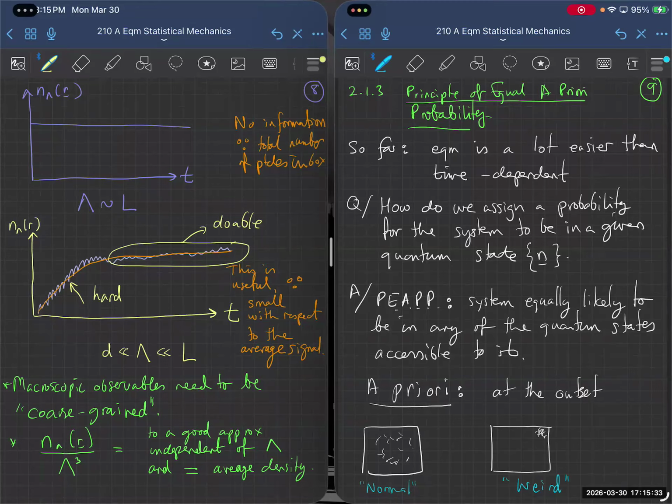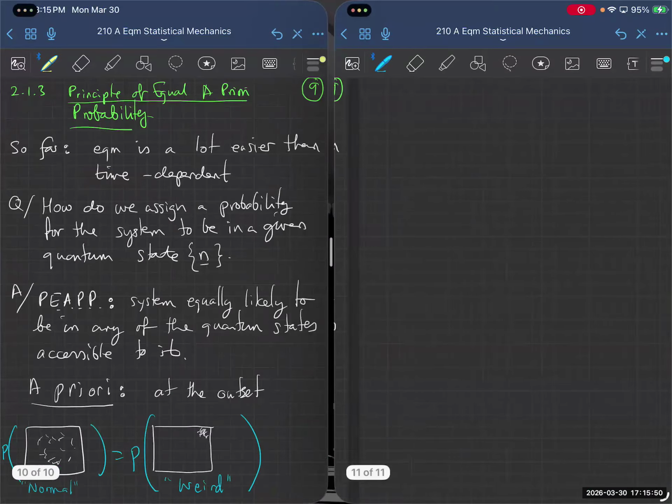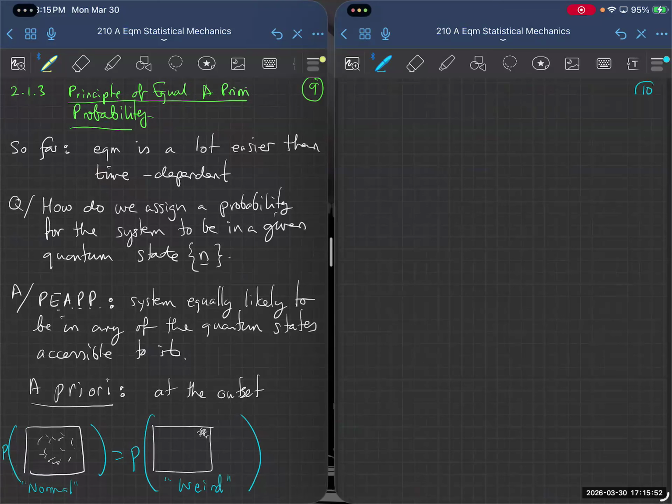And here's the stupid thing: we're going to say that that state is equally likely to the normal state. So we're going to say that the probability of this equals the probability of this. Does that make any sense to you? It's crazy, right? There's no way that should make any sense.